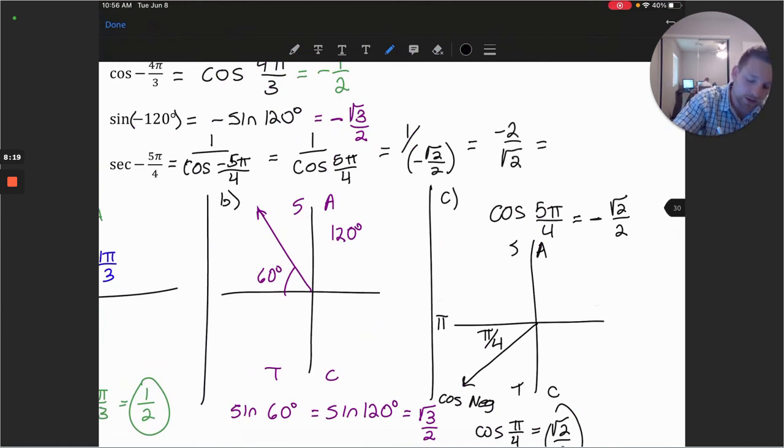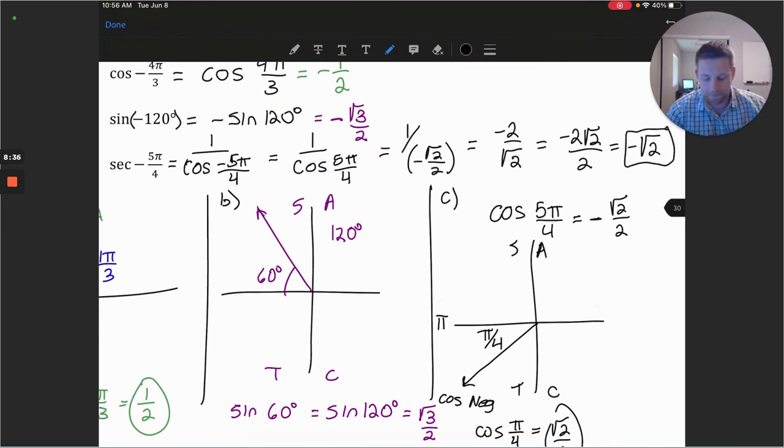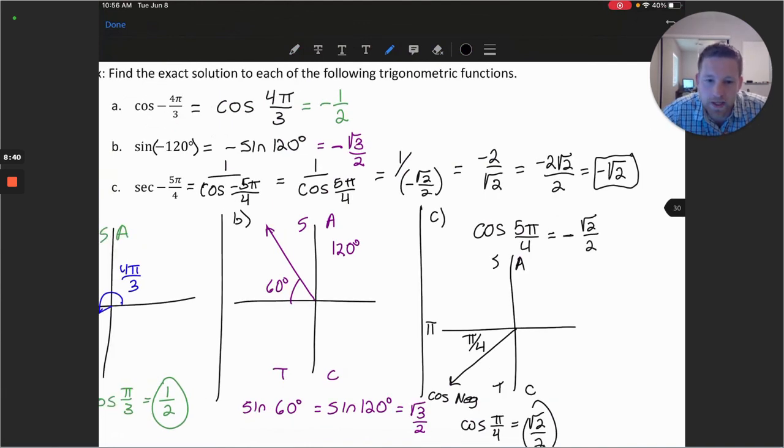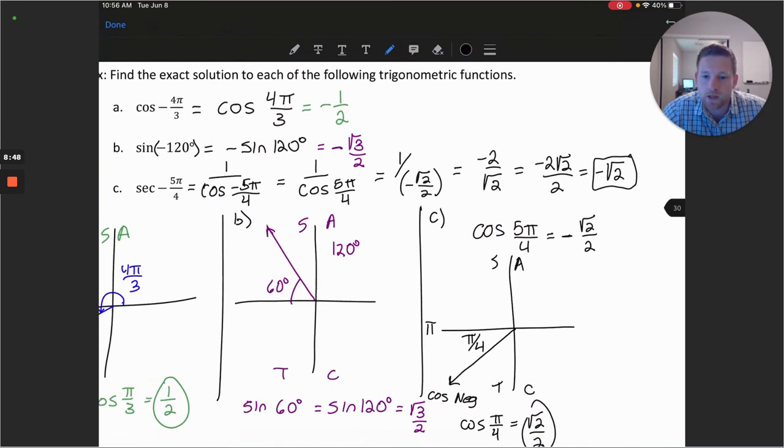Or if we rationalize that, that would be negative 2 roots 2 over 2, or just negative root of 2. So that one took a little bit to work out, but again, we can still use this odd and even technique to help with negative angles when they come up.